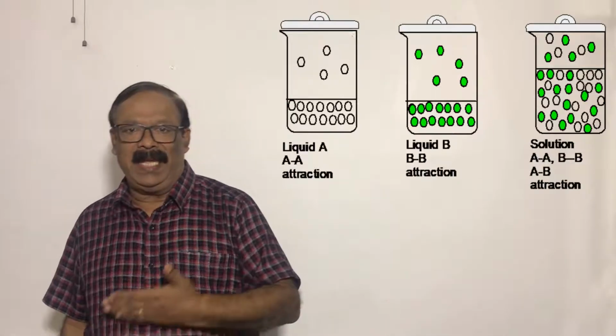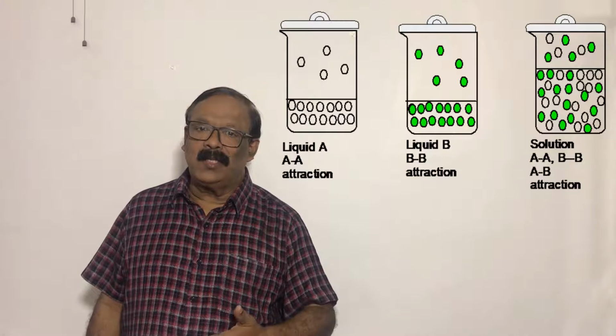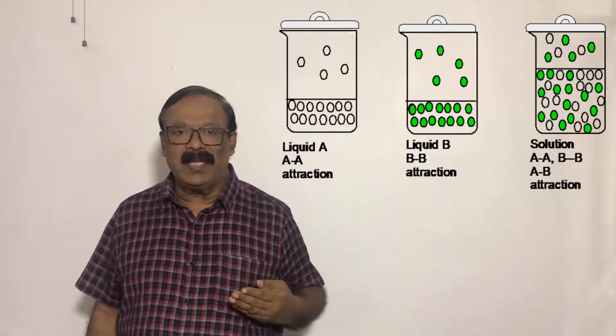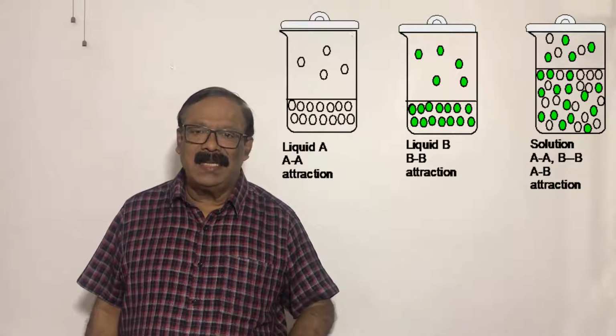from A. The result is that the number of molecules escaping to the vapor phase decreases, and hence the vapor pressure of each component in a liquid mixture will be less than that in the pure liquid.